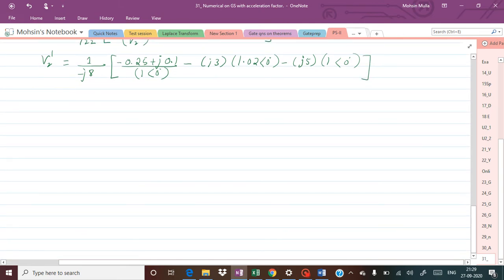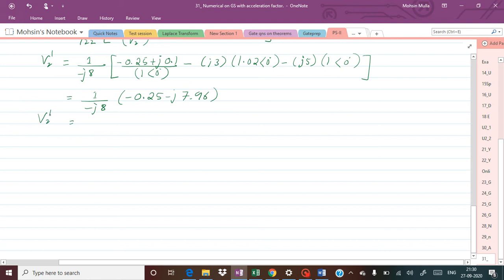Now simplifying this, you can do the simplification yourself, so I'll just write the final part here. It is 1 divided by minus j8, and in the bracket you will get minus 0.25 minus j0.96.